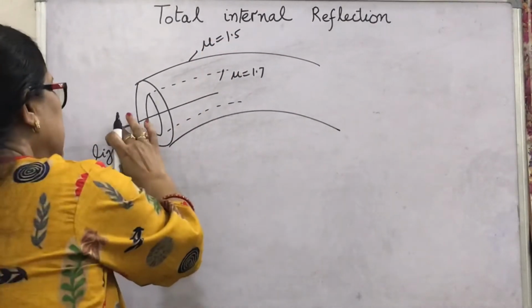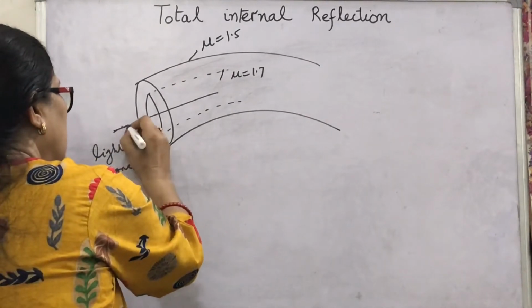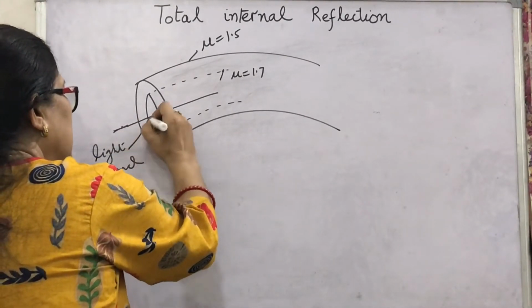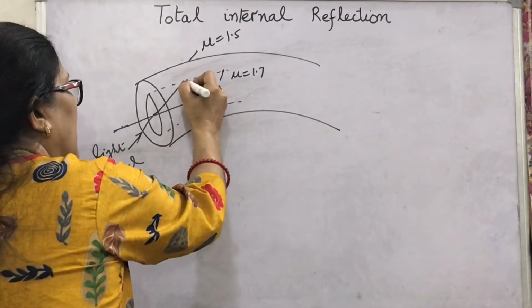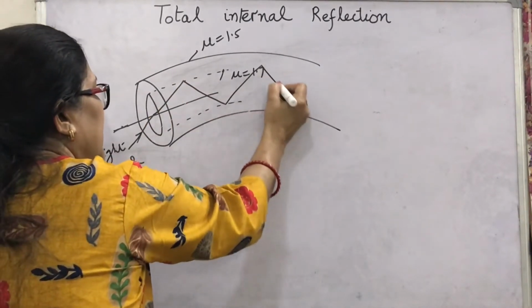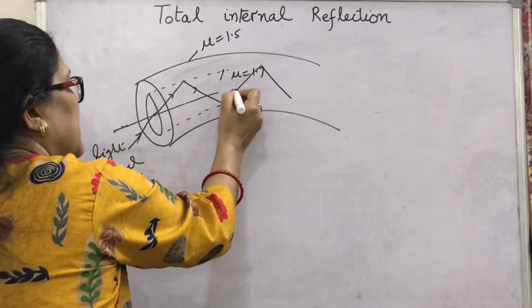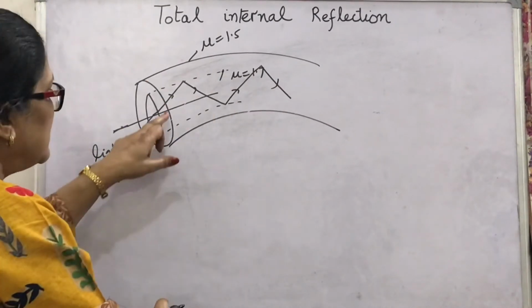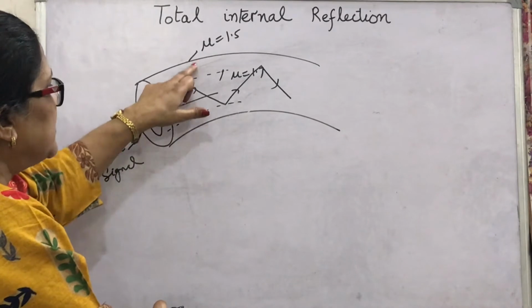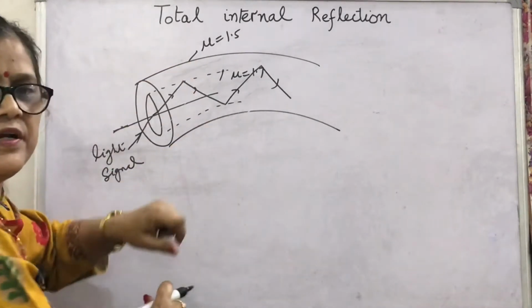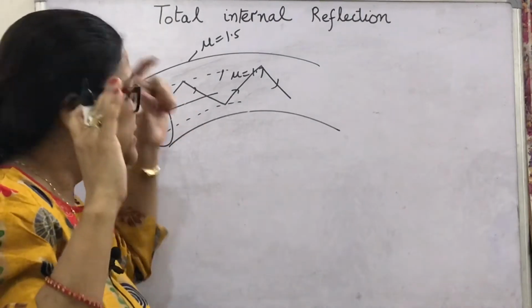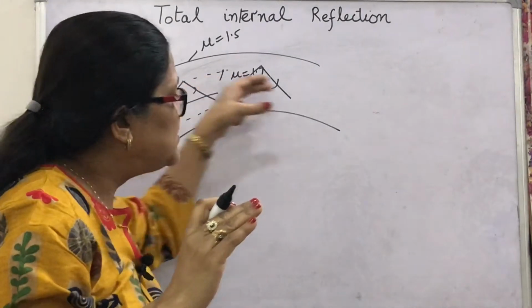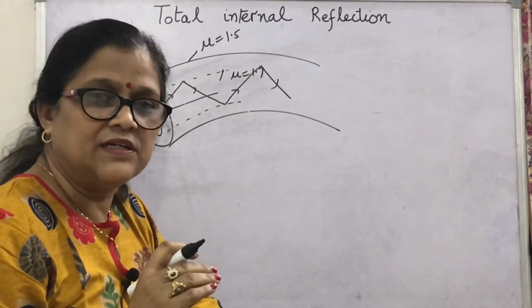When a light signal enters this optical fiber, then due to multiple total internal reflection, the ray goes from denser to rarer medium and is reflected again. 100% energy is saved and it is transmitted up to long distances.